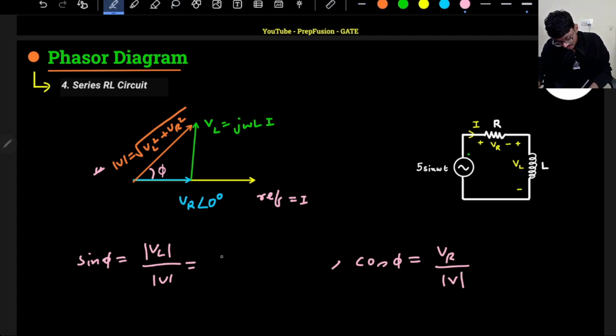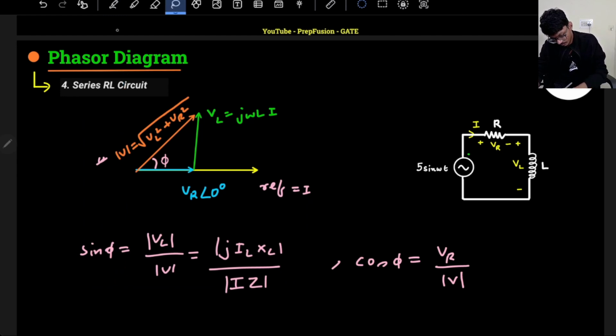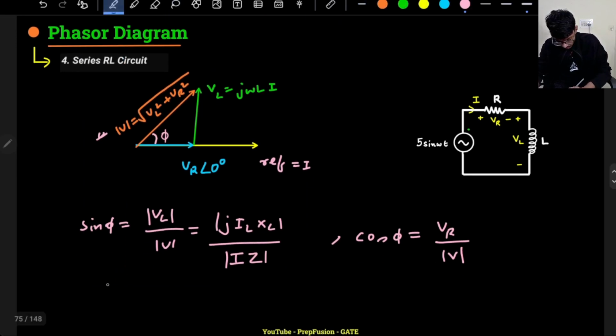So VL can be written as the magnitude of I into XL, divided by what can V be written as? V can be written as the magnitude of I into Z. So sin phi will come out to be XL over Z. And what about cos phi?